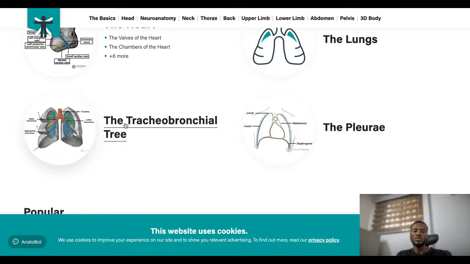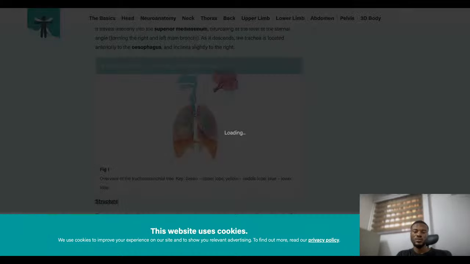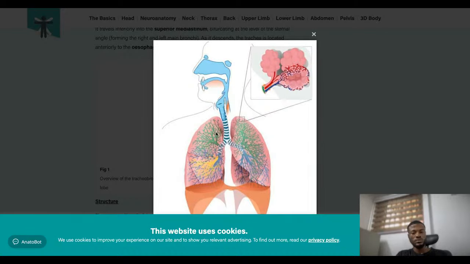So we have an image of the tracheobronchial tree here. One thing that you should know is that the vital organs in the thoracic cavity are the organs used purposely for respiration and for blood circulation.